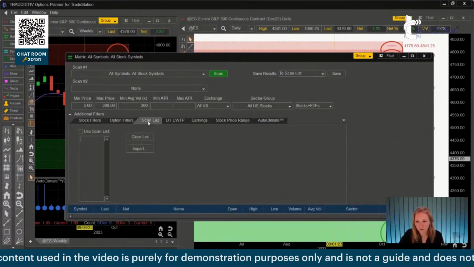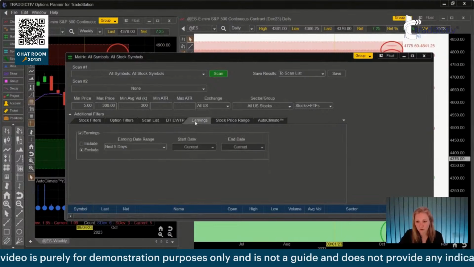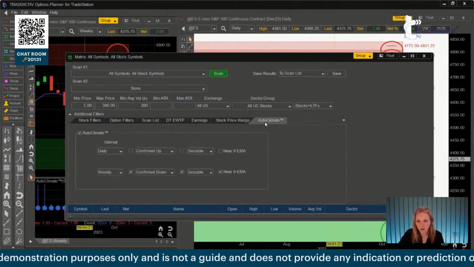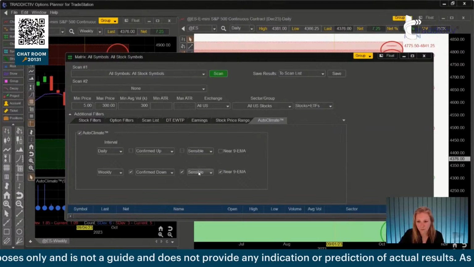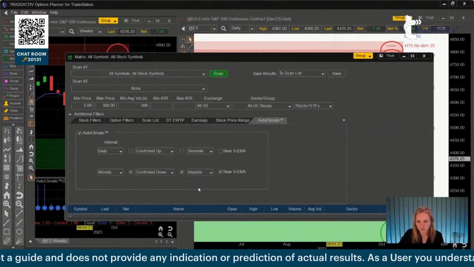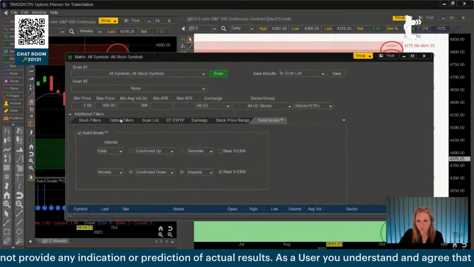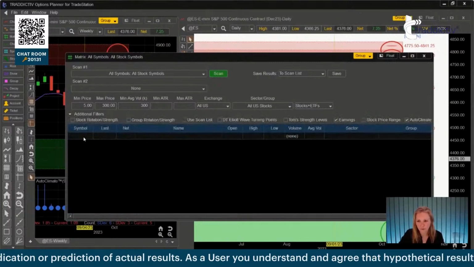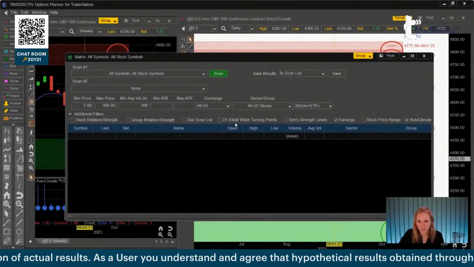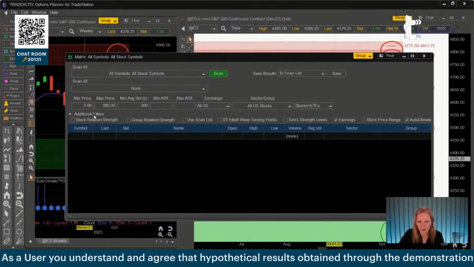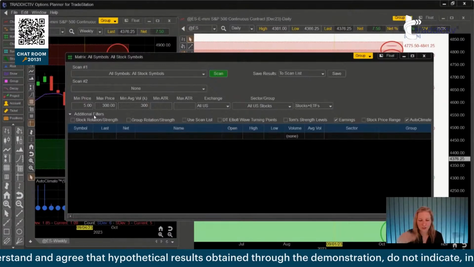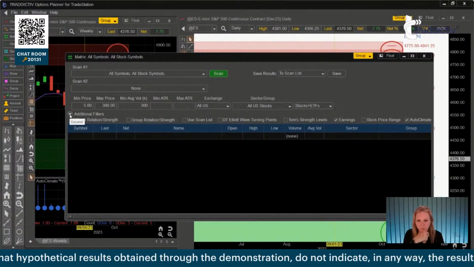Let me just see if I've got any other things checked. Weekly climate, confirmed down. It's coming up blank, and I don't believe that it's blank. Last time this happened, it just needed to filter again.